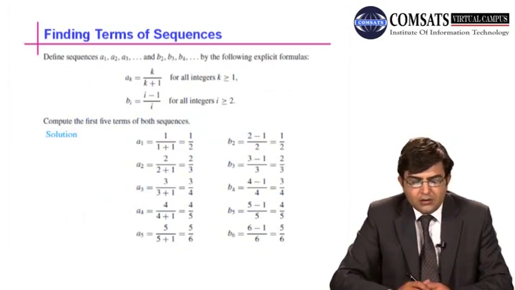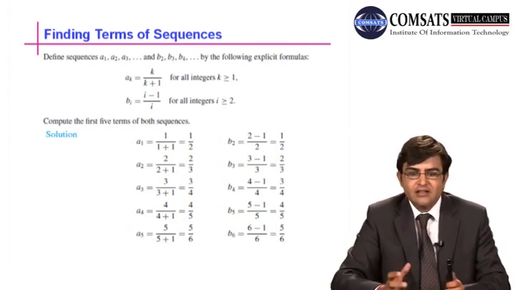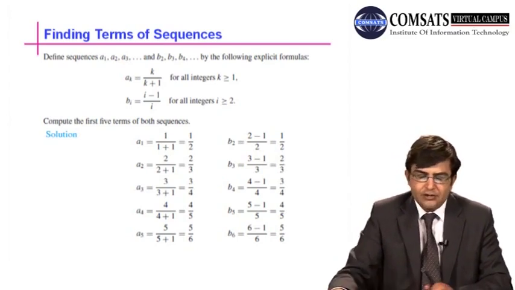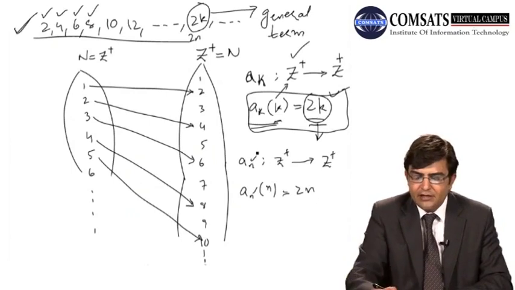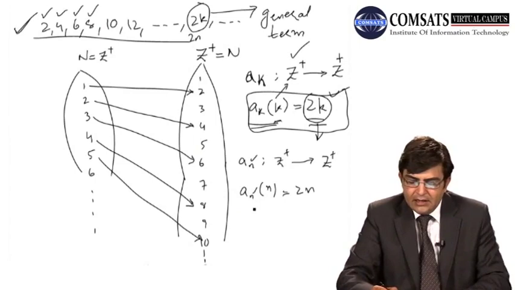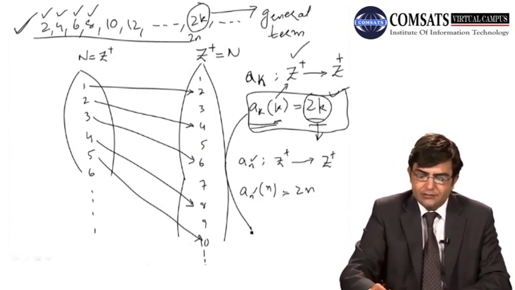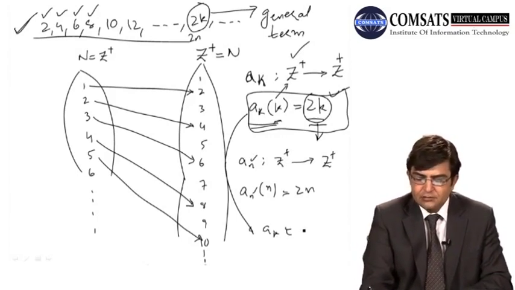Now, how to find the terms of the sequence if we are given a general formula of the sequence? Usually the general formulas, as we have defined here, a_k of k = 2k, a_n of n = 2n, are usually denoted by a_k = 2k.